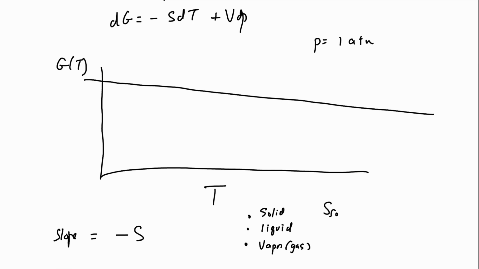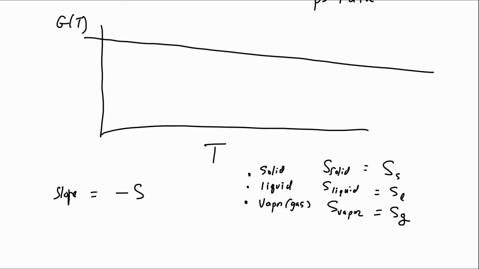So there's an S of the solid, an S of the liquid, and an S of the vapor. Let's call these S of S, S of L, and S of G, just because I don't feel like writing so many subscripts.